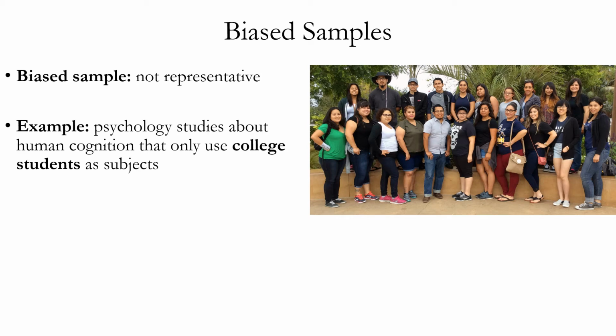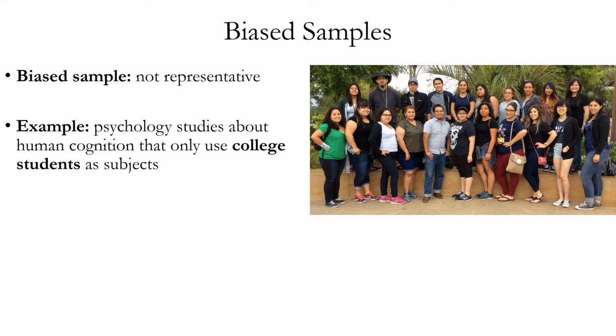Another example would be psychology studies about human cognition or personality or other factors that only use college students as subjects. This was one of the traditional criticisms of psychology, that it was possible that many of the studies were biased because all of the subjects were taken from college campuses. This is not universally true of psychology studies, but it happened quite often.